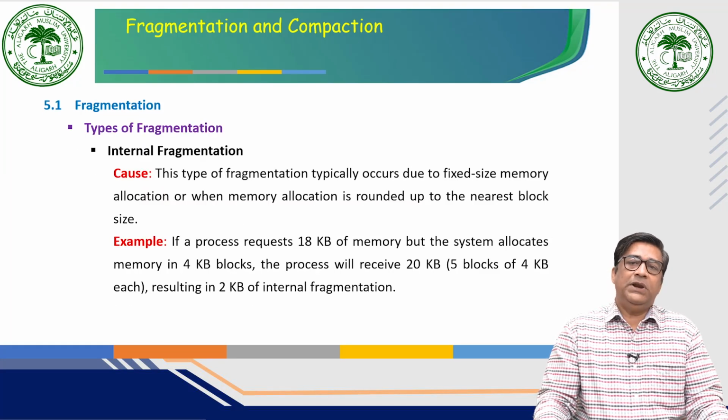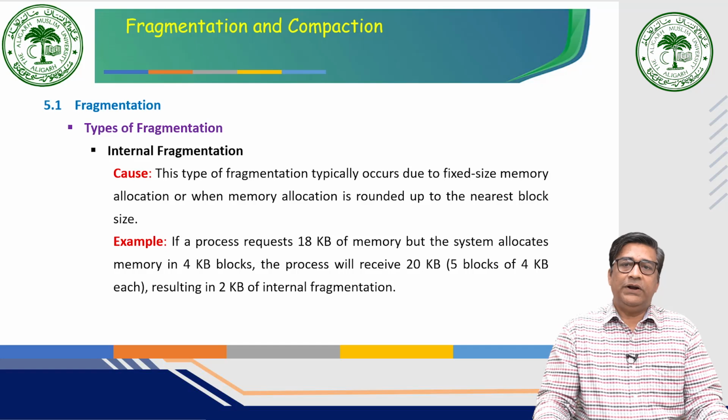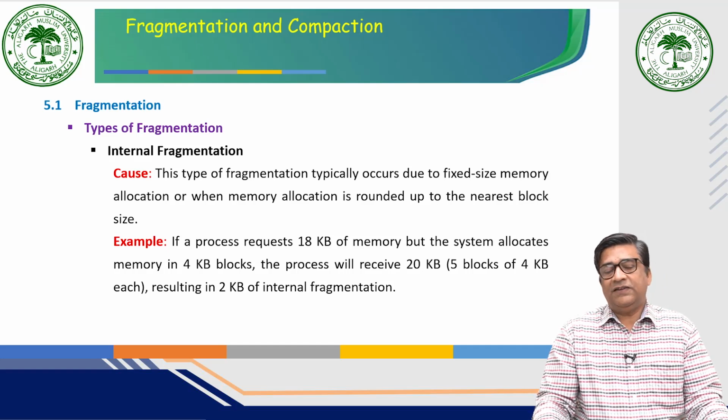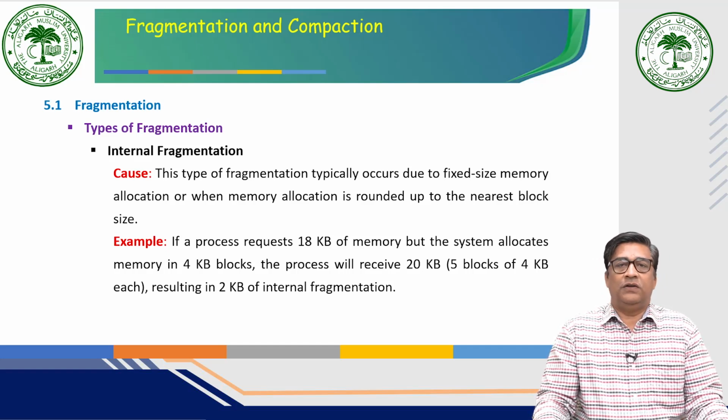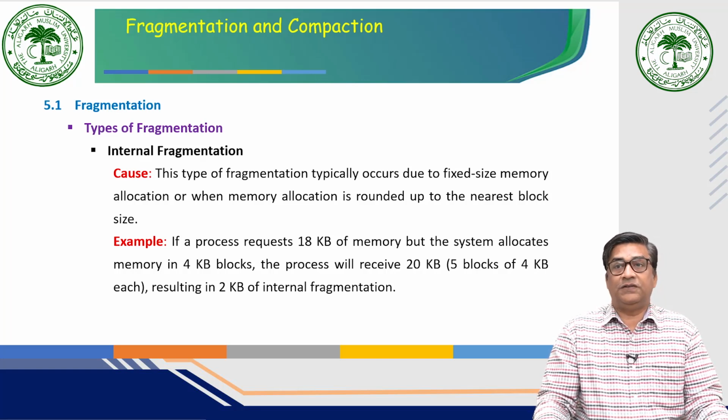What is the primary cause of internal fragmentation? There are many reasons, which include fixed size allocation. When memory is allocated in fixed size blocks, regardless of the actual memory requirement, internal fragmentation can occur.